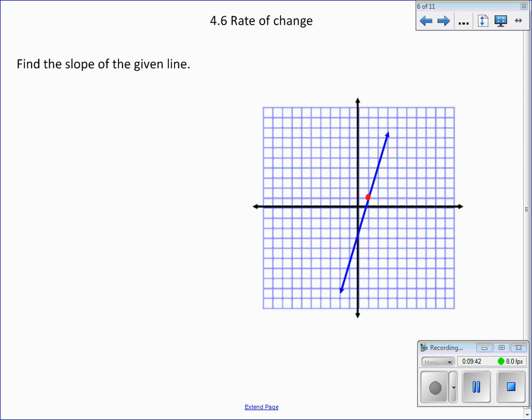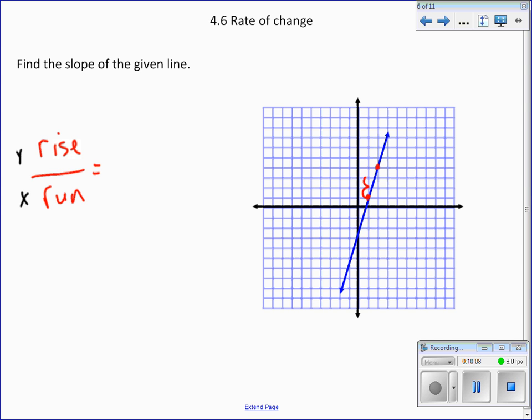So when we're given a graph like this, what we need to look for is exact intersection points. Like this would be 1, and this would be 1. We're going to use our rise over run method. Rise telling us y's, and run telling us our x's. And to find that slope, I like to start on the furthest left. Remember, we're going up and down first, and we're asking ourselves how many spaces up do we have to go before we get even with that next point.